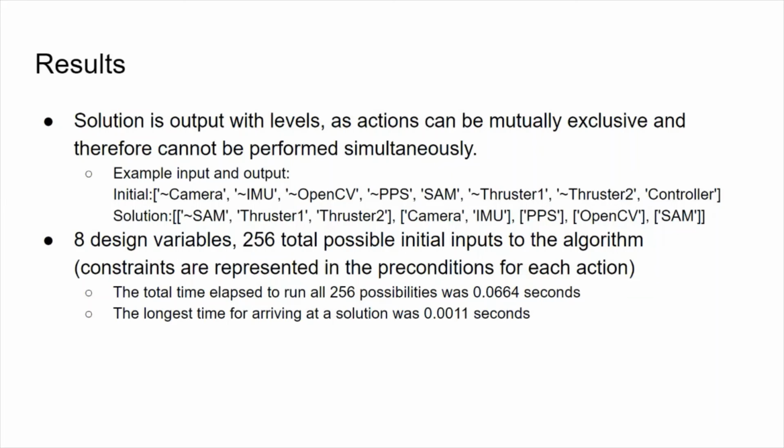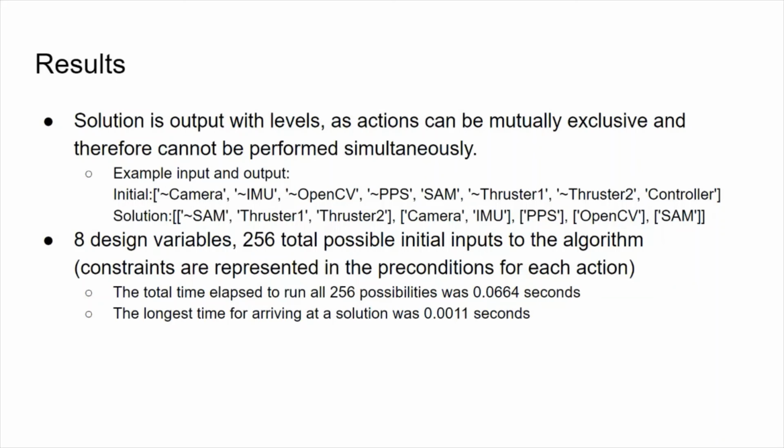So for our problem, we had 8 design variables, which led to a total of 256 possible initial states for our algorithm. And as I pointed out, the constraints are represented by those preconditions for the actions. And so we ran our algorithm for all of the 256 possible initial inputs. And in order to provide a solution for all 256 of those, it took 0.06 seconds, well, 0.07.